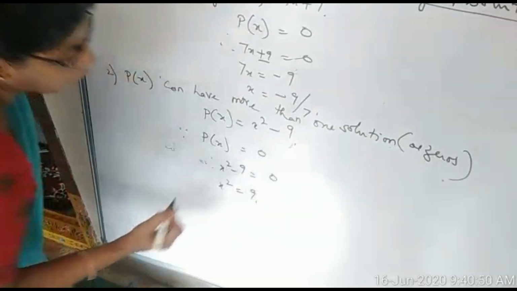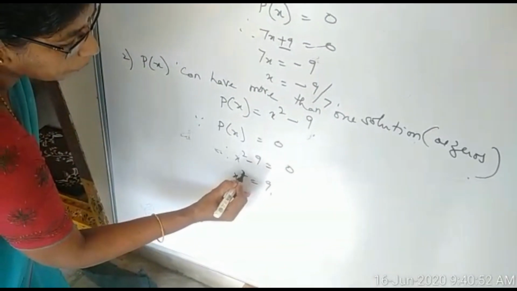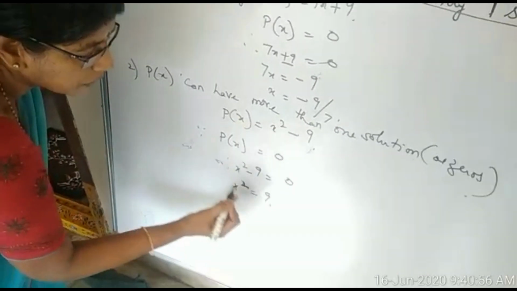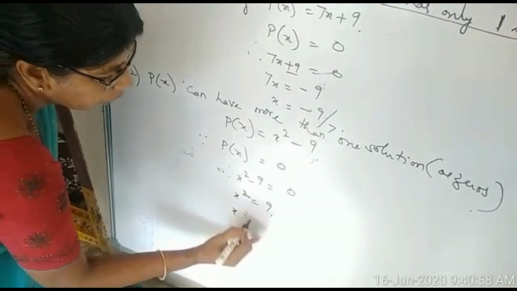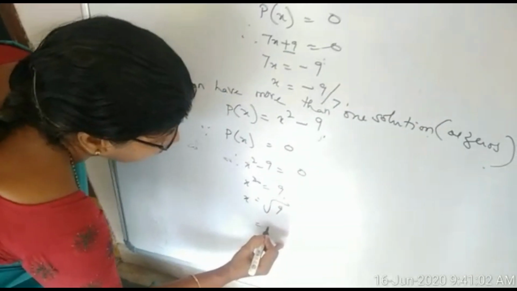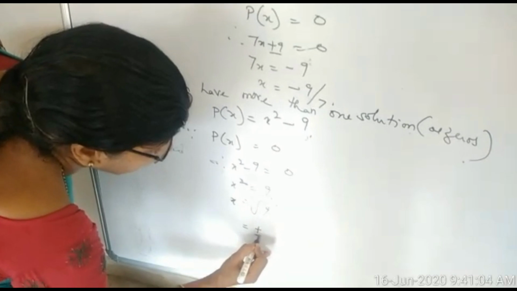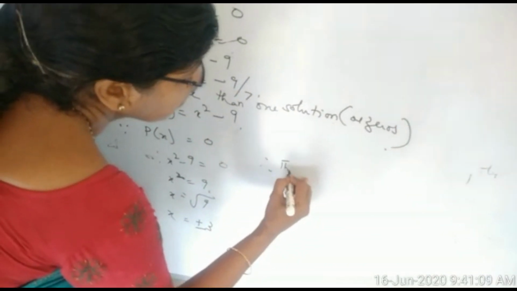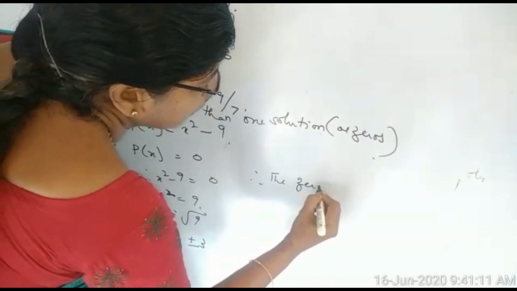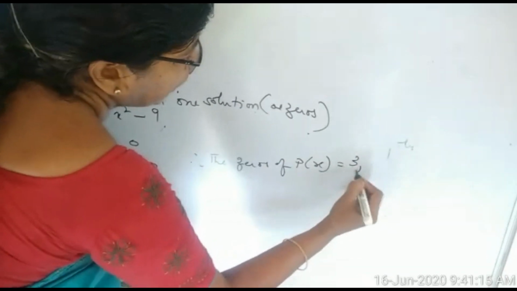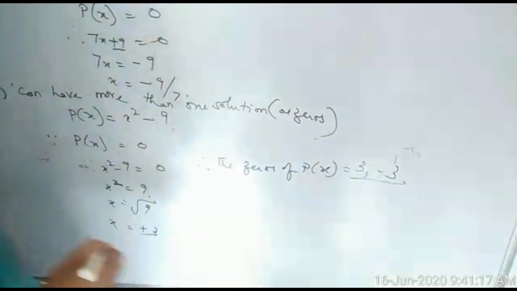X squared is equal to 9. What is the power, children? 2. Because it is 2, what does it indicate? Square root. What is square root of 9? The square root of 9 is equal to plus or minus 3. Therefore, the zeros of P of x are 3 comma minus 3.